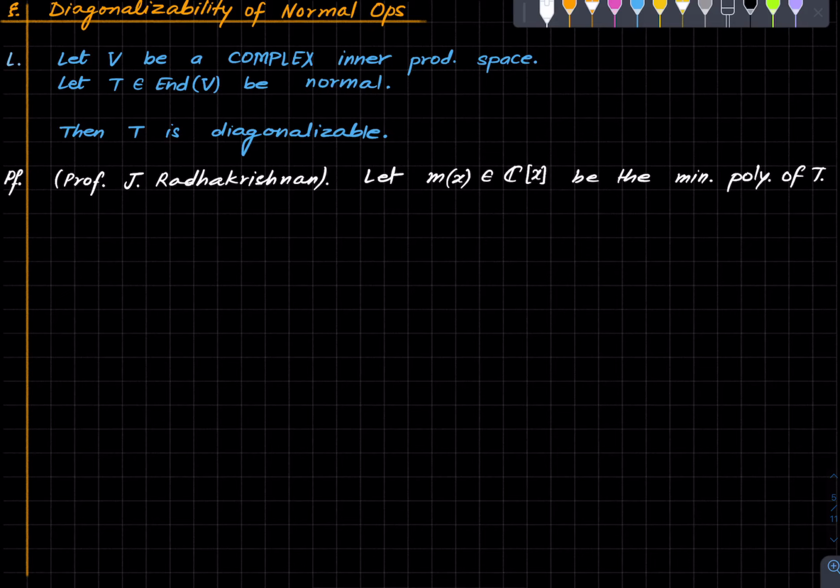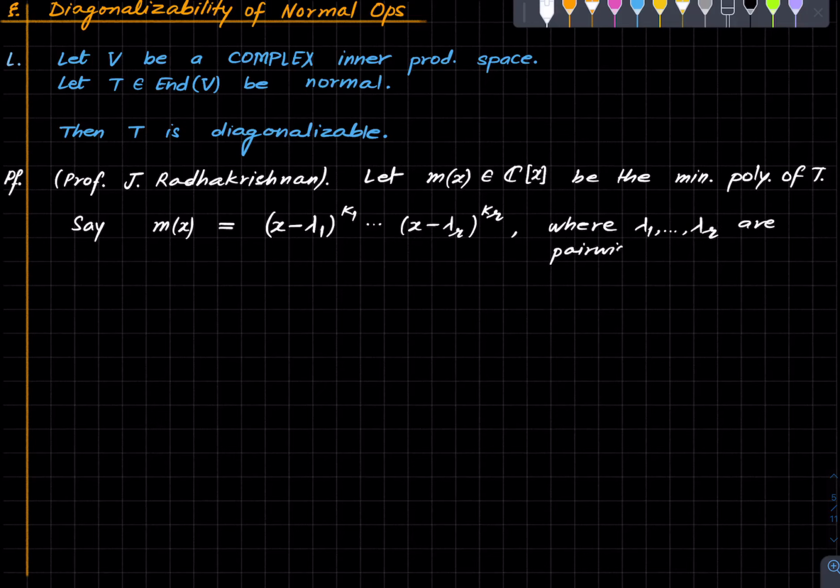Okay, and then we may say, so say where these are pairwise distinct, and of course each ki is at least 1.